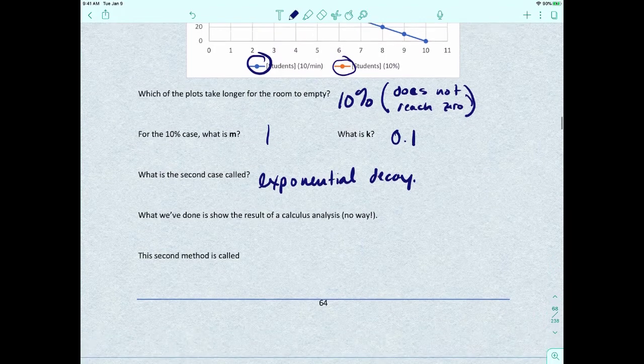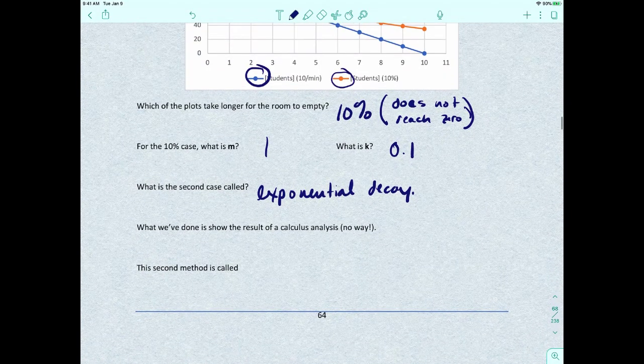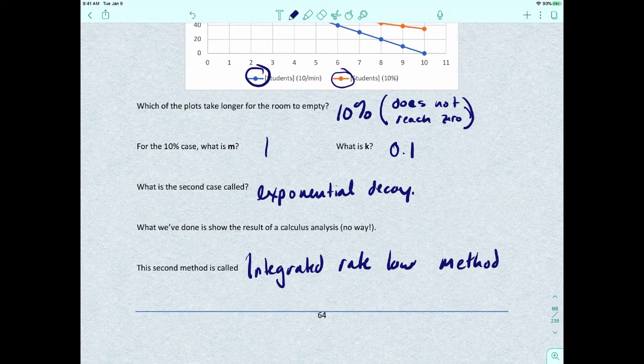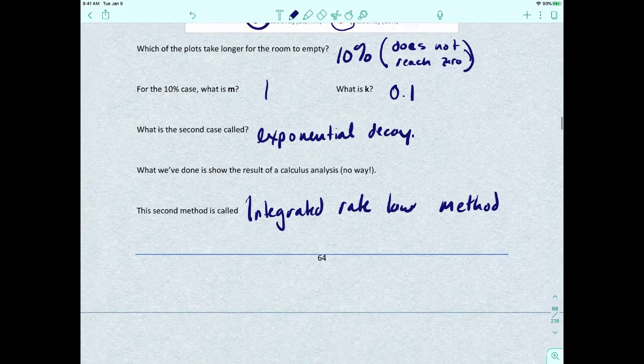So this method that we're using to help us figure out the rate law and the exponent, we call the integrated rate law method. In order for us to come up with an equation, we're trying to come up with an equation that mimics the rate law.